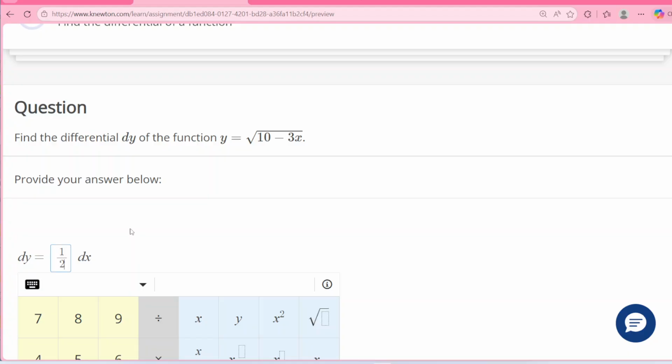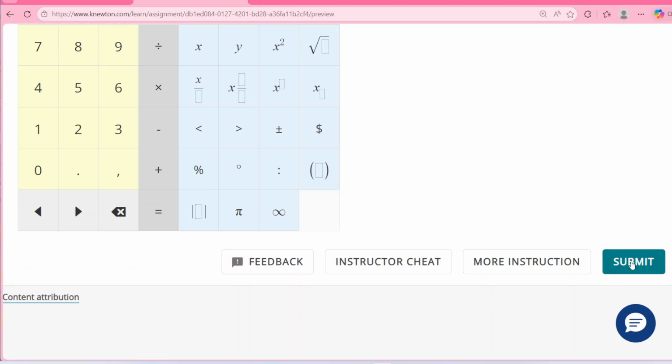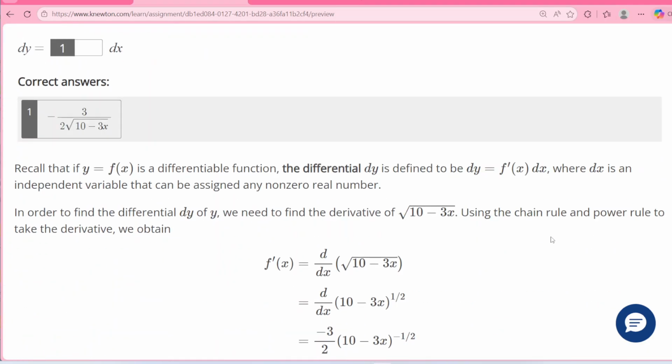So it'll be 1/2 times 10 minus 3x raised to the negative 1/2 power, but then afterwards times the derivative of 10 minus 3x, which would be -3. All right, chain rule. You can simplify it if you wish, but that should be all you need to put in there, your derivative function.